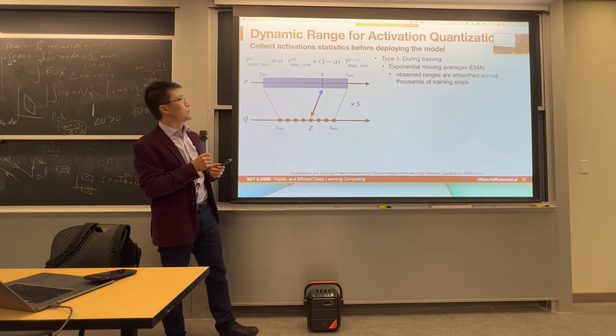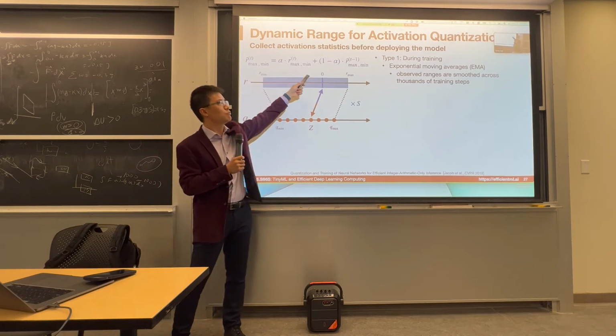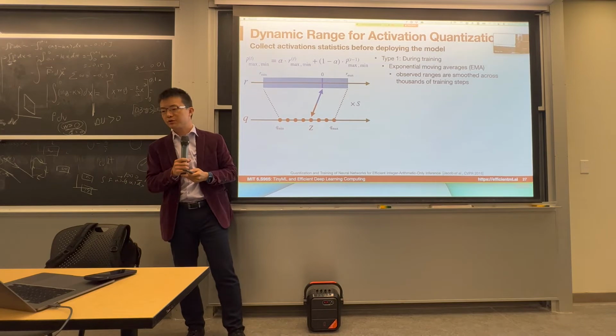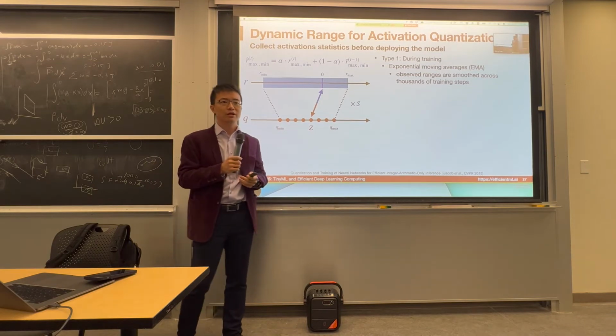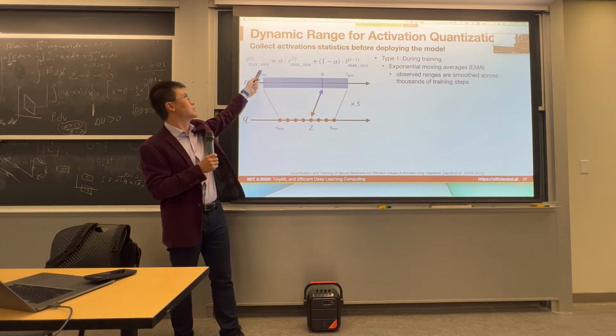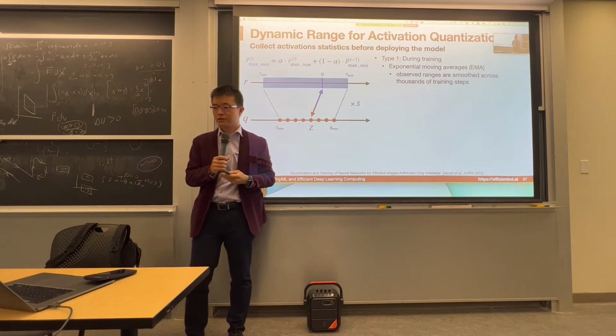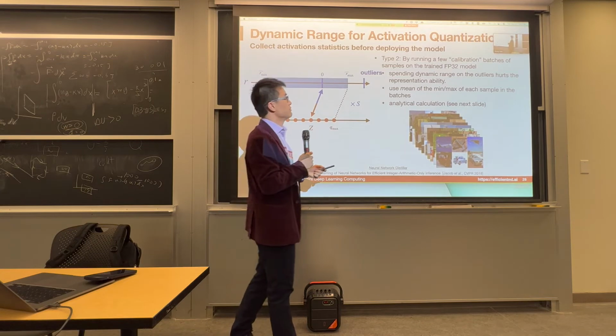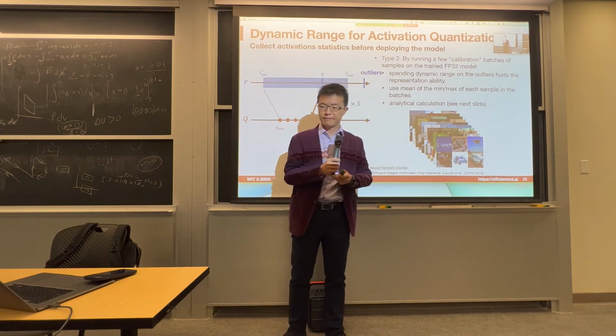So we can use such smoothing, using such moving average, EMA, exponential moving average method, to update the R mean and R max. So we give a batch of images and calculate that.